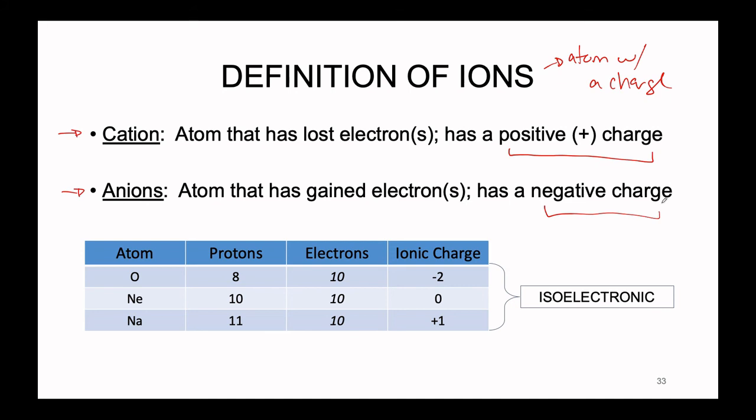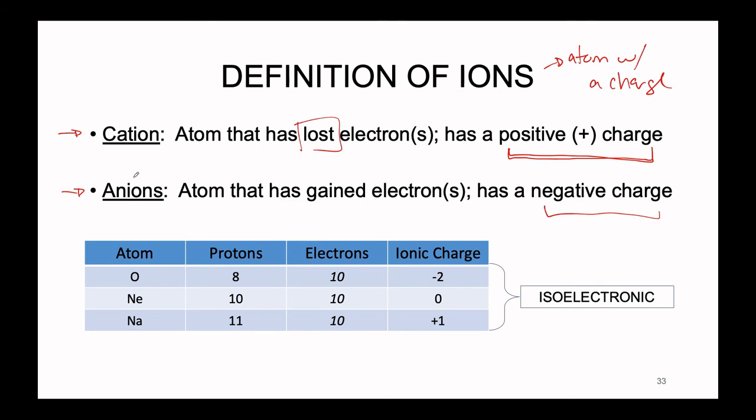A cation is an atom that has lost electrons. Because this atom has lost electrons, it's going to have more protons than electrons. It's not going to have a net neutral or zero charge. In fact, because of the excess of protons it has in the nucleus compared to the number of electrons, this is where we're going to get the positive charge.